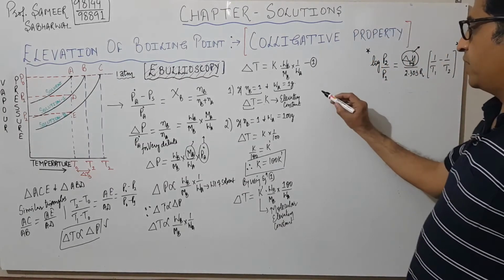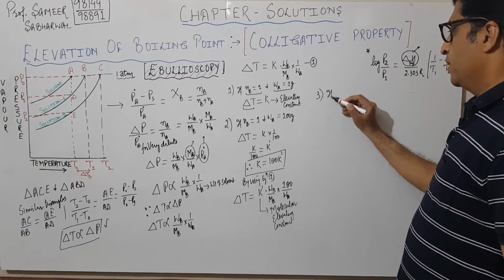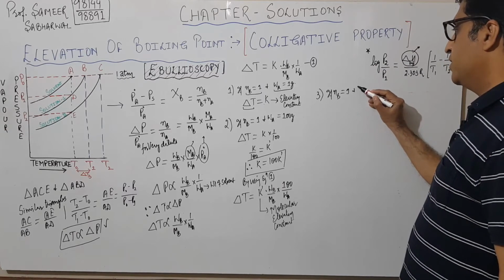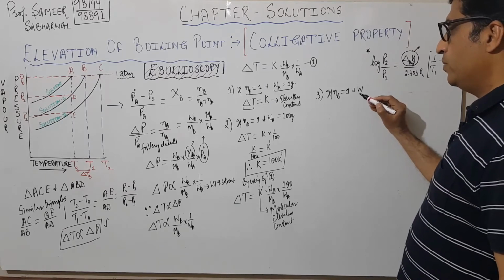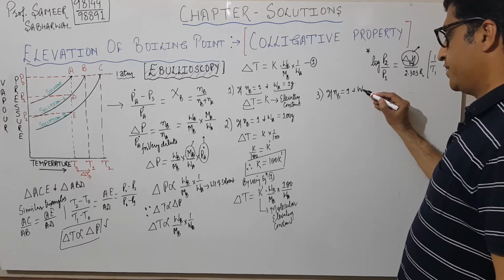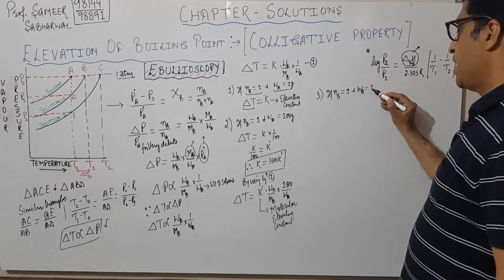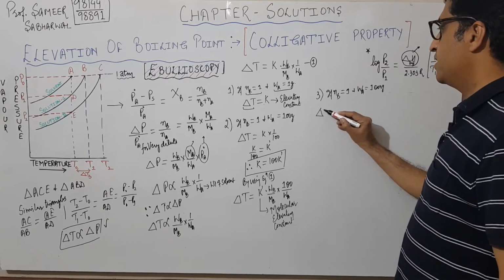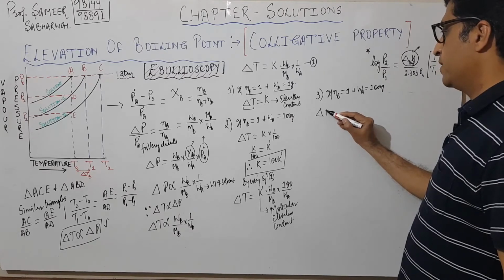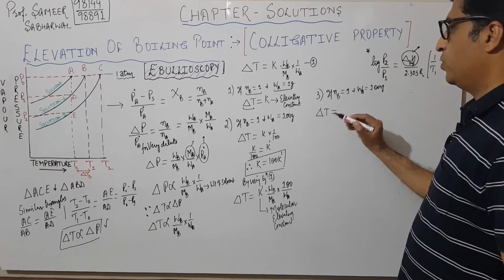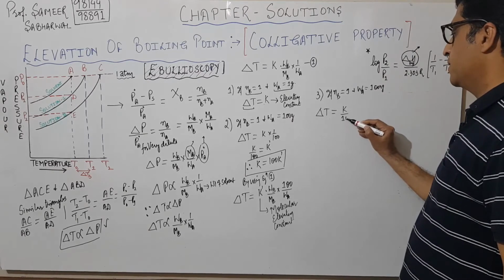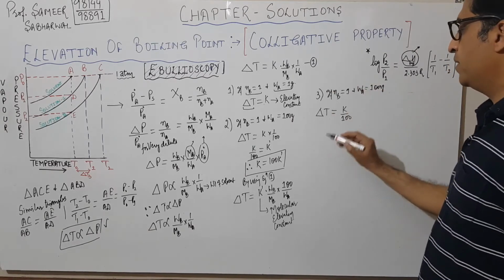Now I am taking the third case. If NB is 1 and WA is 1000, now put down the values. This delta T is equal to K by 1000, just by using equation 1.